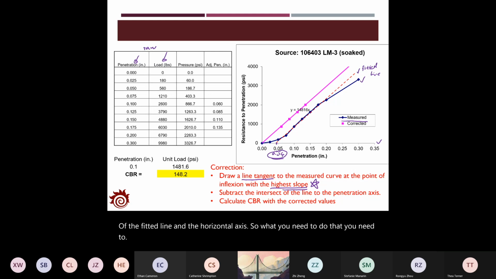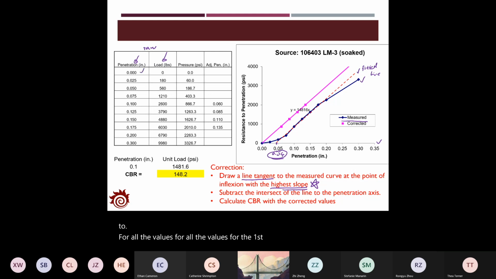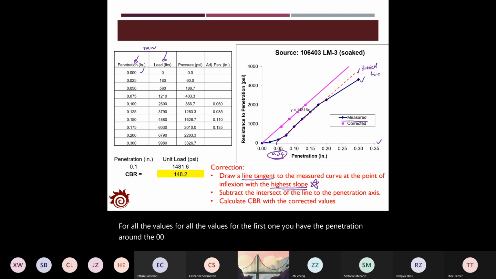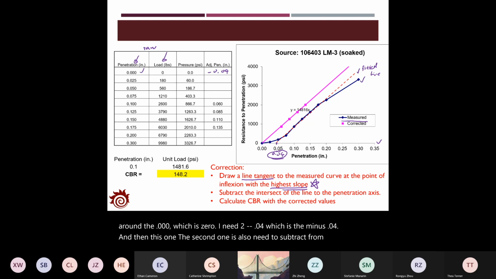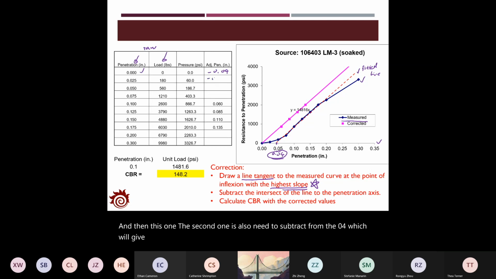So what you need to do is, for all the values, for the first one, you have the penetration around 0.000, which is 0. You need to minus 0.04, which is minus 0.04. And then the second one also needs to subtract 0.04, which will give you the value 0.0115.